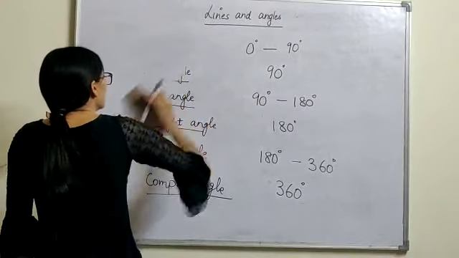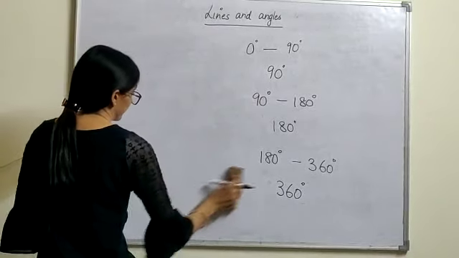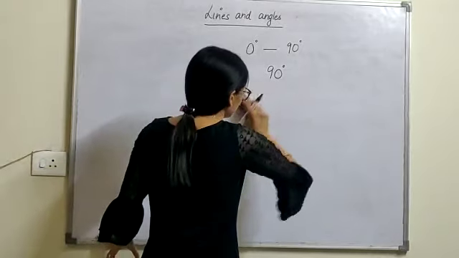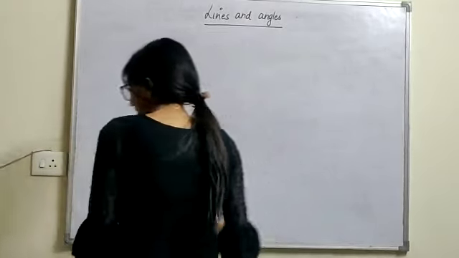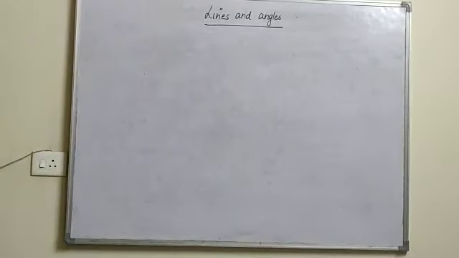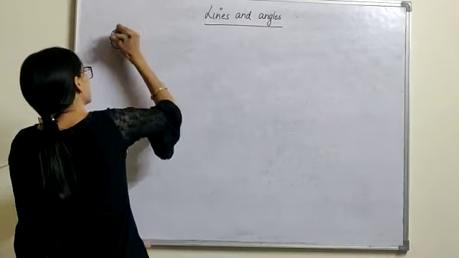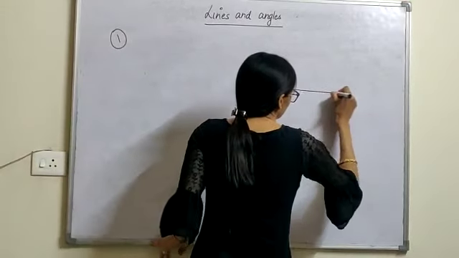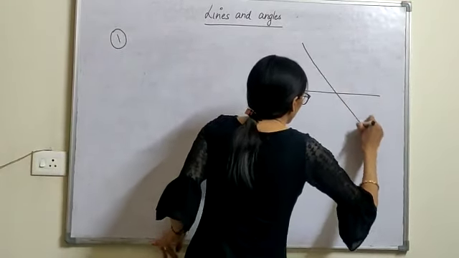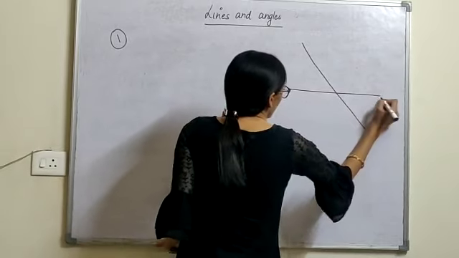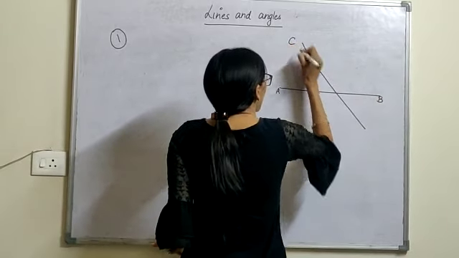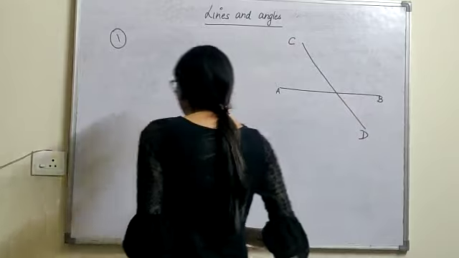Starting with the questions. The first question says, two lines are there, AB and CD.